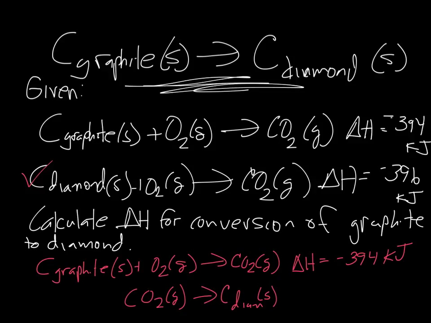That's a solid, plus O2, which is our gas, and then our delta H for this is, well, remember, we changed the sign, so it would be a negative 396 or a plus 396 kilojoules. Then I look at what I can cancel, and I can cancel the CO2 on both sides, and I have some O2 on both sides.